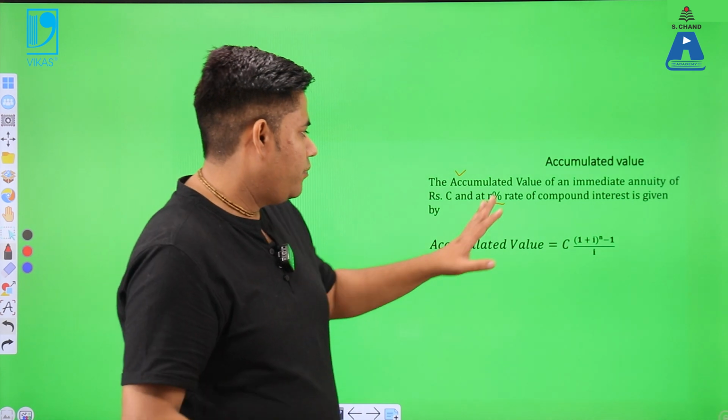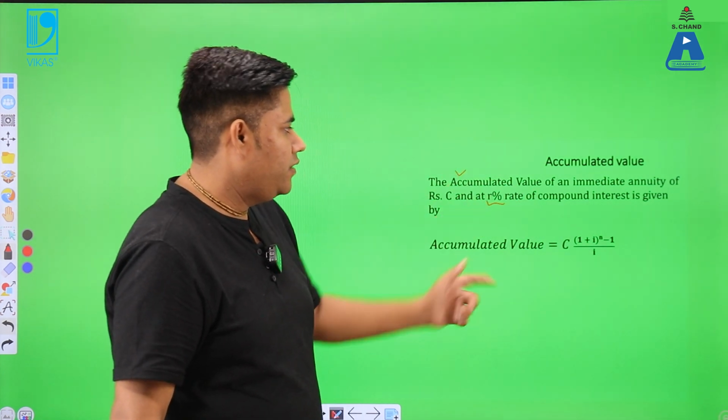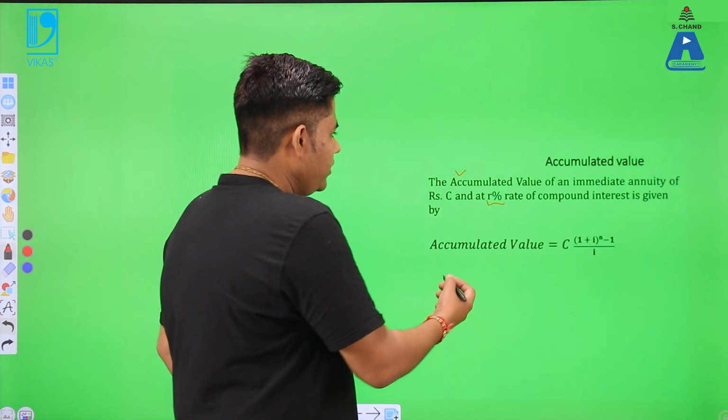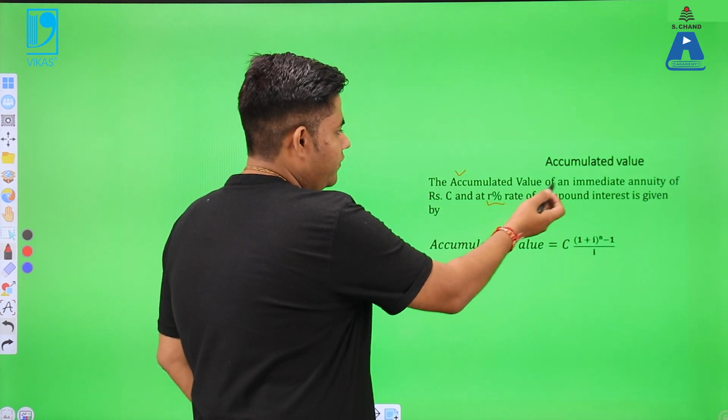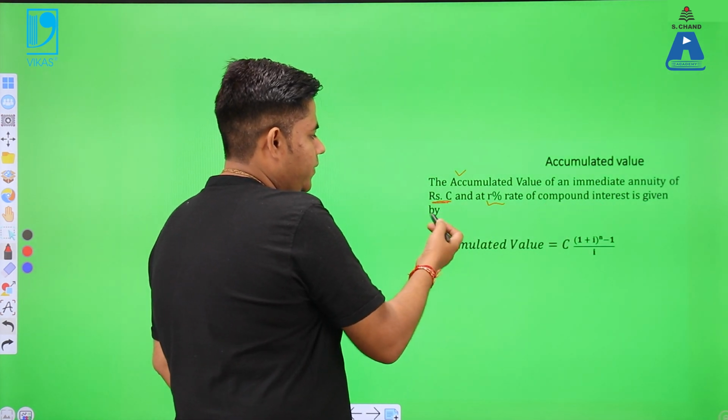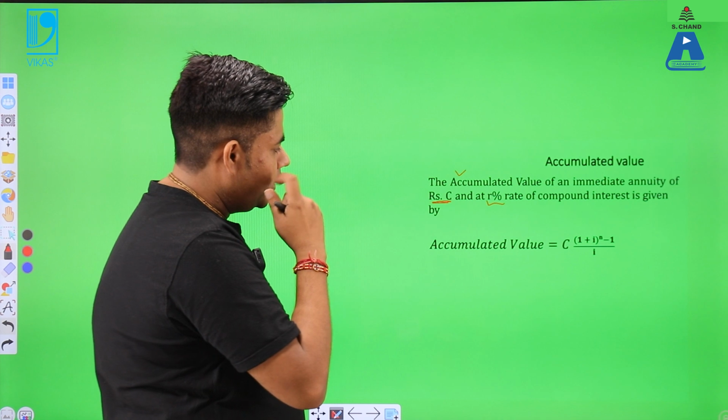That means this compound interest is related particularly with annuity or accumulated value calculations. So here you have the accumulated value of an immediate annuity, which is of rupees C, that is required to be calculated.